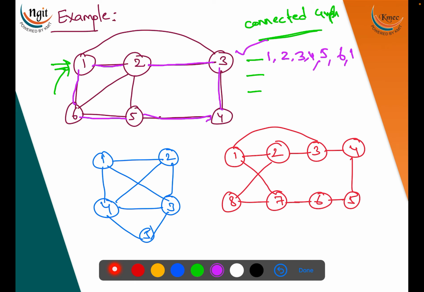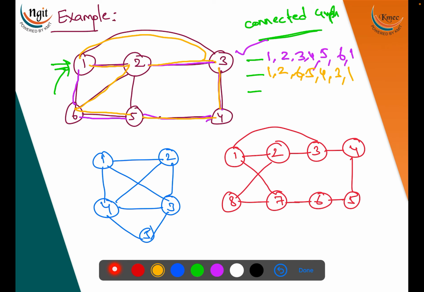And the second, do I have any other feasibility? Let's check. 1 to 2, 2 to 6, 6 to 5, 5 to 4, 4 to 3, 3 to 1. There is a path. Now 1, 2, 6, 5, 4, 3, 1. It is also one of the possible paths to generate a Hamiltonian cycle.